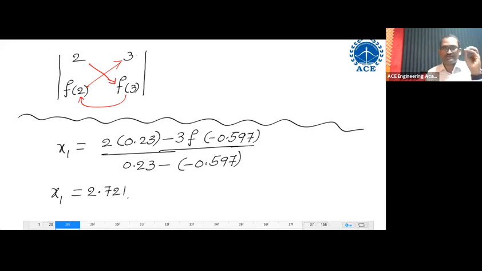Suppose f of 2.721 is equal to 0, then 2.721 will be the required root. Suppose f of 2.721 is not equal to 0, then tell me what is its value now. What is the value of f of 2.721? Not 0.